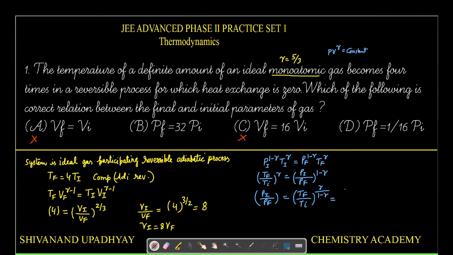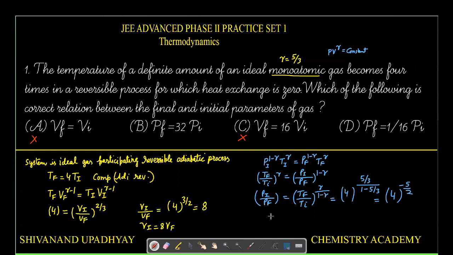Putting the value, T final upon T initial, we know, is equal to 4. So 4 to the power 5 by 3 upon 1 minus 5 by 3. On simplification, the 3 and 3 will cancel out, so this is 4 to the power minus 5 by 2.